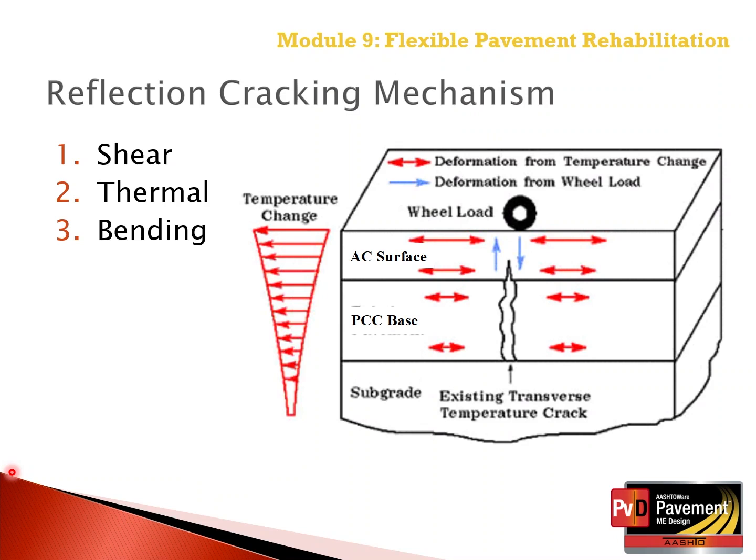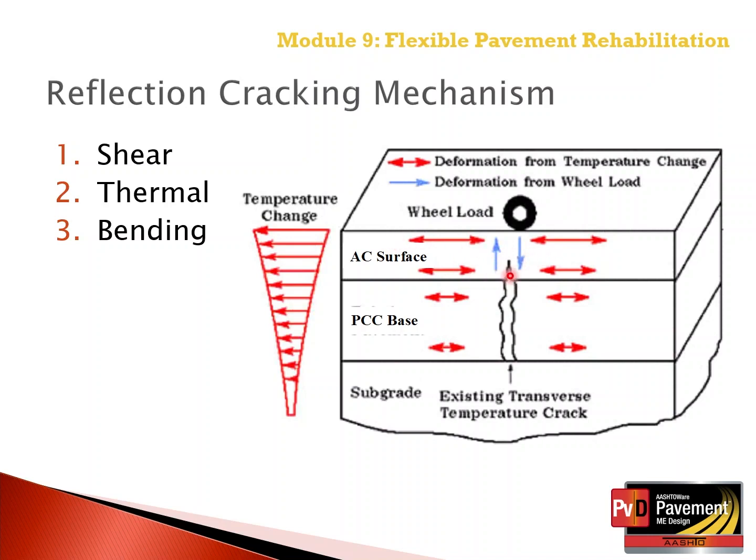Again, the reflection cracking mechanism is composed of three parts. There is a shear part, a thermal part, and then a bending part. The shear part is the differential vertical deflection across a joint or a crack as the wheel load moves across that joint or crack.